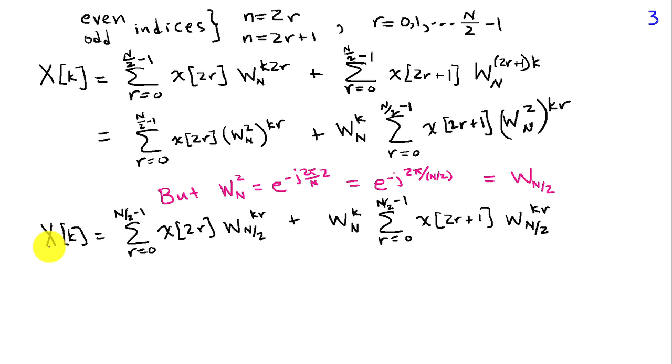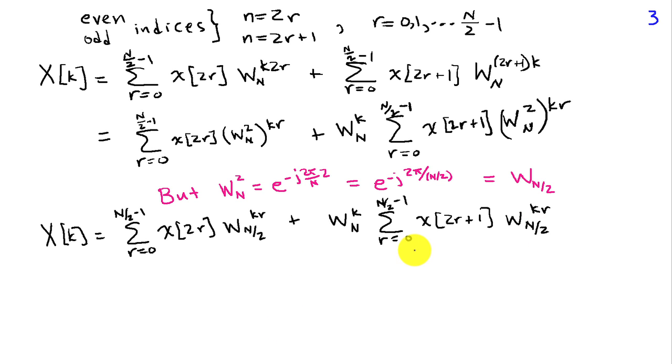So this allows me to write this DFT as a sum of x of 2r, so I'm just picking out even values of the sequence, times W sub N over 2 to the kr, and then we have this factor that we had pulled out earlier, times the sum r equals 0 to N over 2 minus 1 of x of 2r plus 1, the odd subsequence, and then W sub N over 2 raised to the kr power.